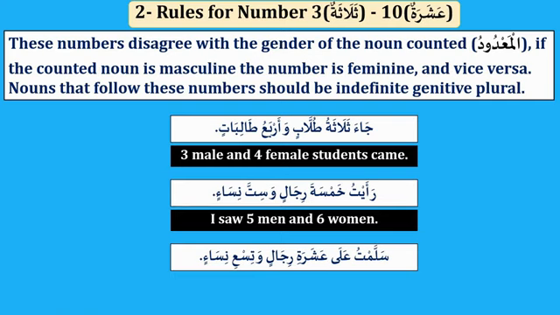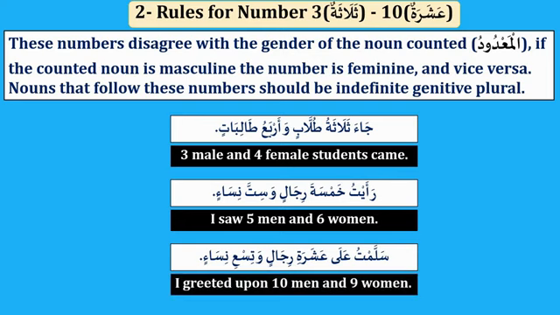Example for genitive case: سلمت على 10 رجال و9 نساء. I greeted 10 men and 9 women. The number gets kasra.